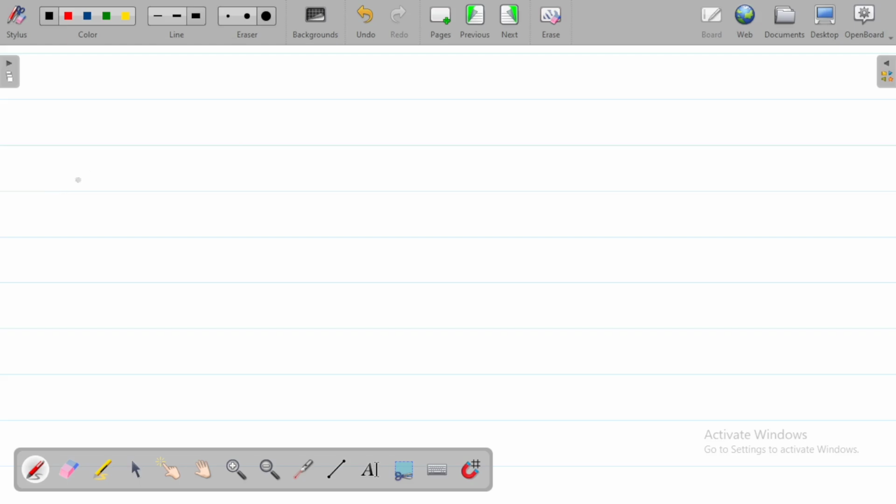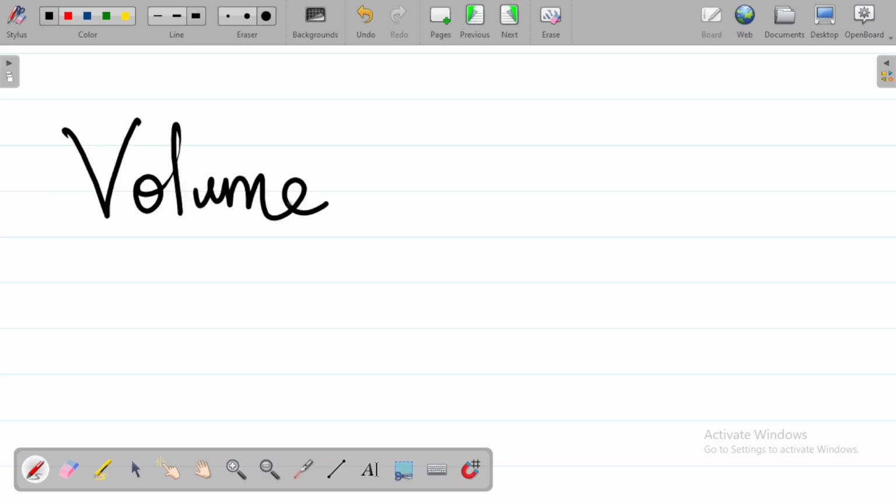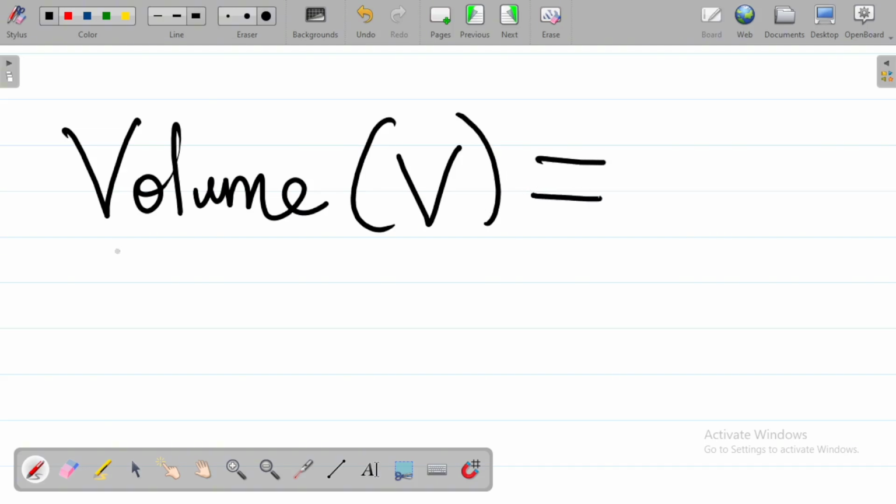The second type of derived quantity here is volume. The abbreviation for volume is V. The formula for volume is length times breadth times height.